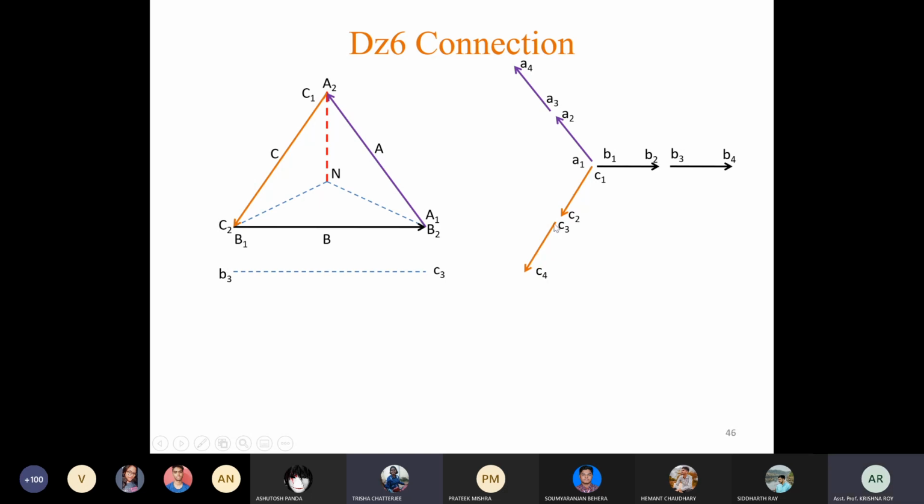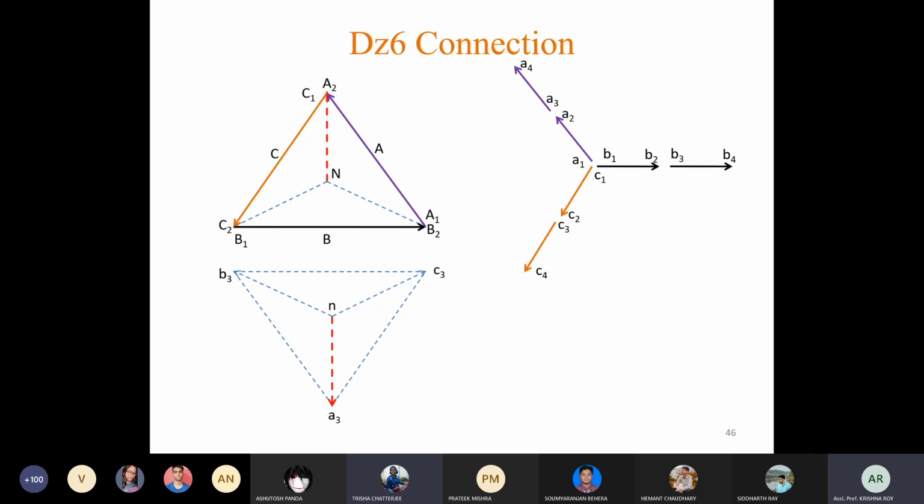This one will be reversed, this one will be reversed, and this one will be reversed. So these two terminals will be B3 C3, and this one will be A3. That is the mirror image of this phasor diagram, so the angle will be 180 degrees. Now the equivalent star will be like this. We have to form this star as the resultant of the zigzag connection.